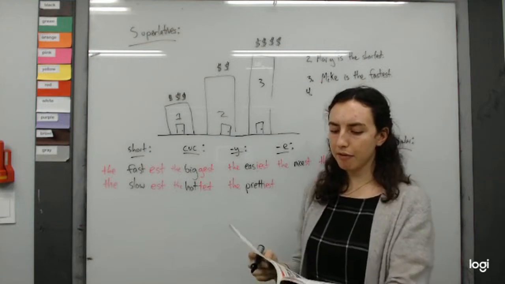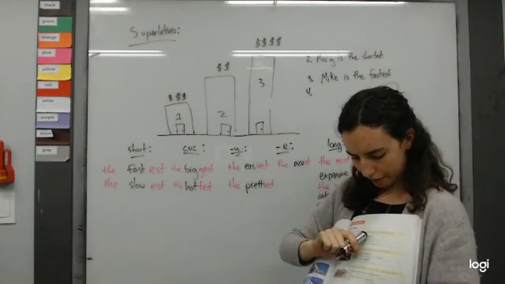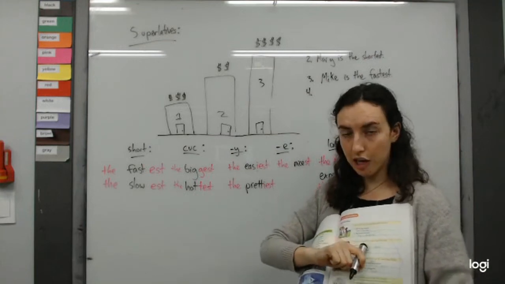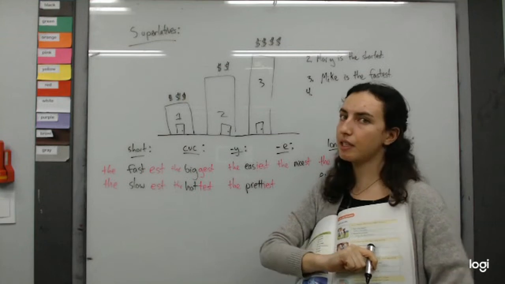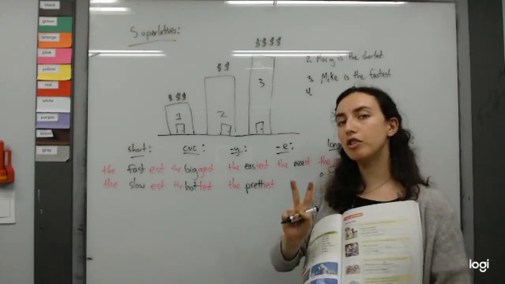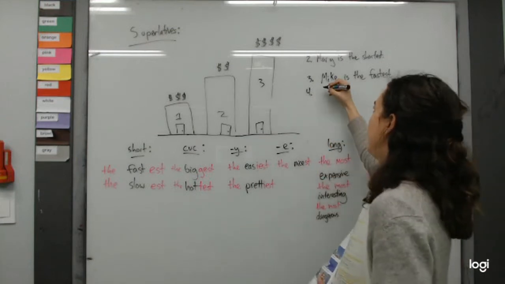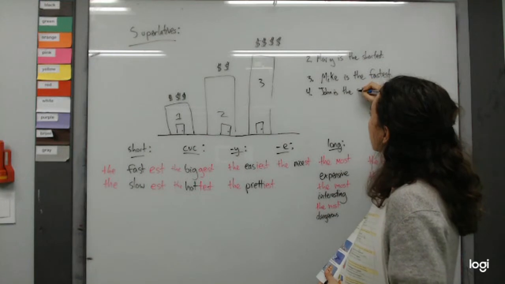Okay, number 4, who is the slowest? So if Ken is faster than John, and Mike is faster than Ken, Mike is fastest because he is faster than 2 people, and John is slowest because 2 people are faster than him. So John is the slowest.